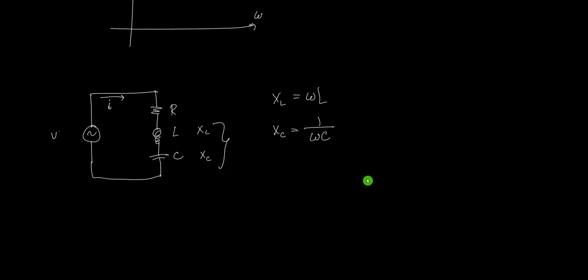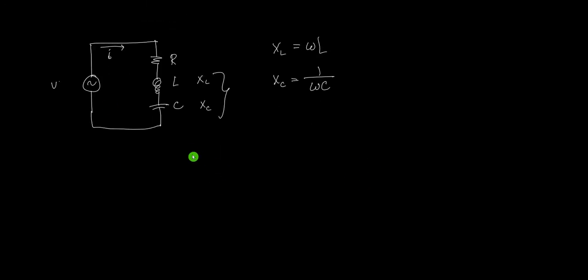So if we plot this, let's look at the current. Let's plot this with respect to the current. So if this is the current, I, this is our frequency, omega. When we are in low frequency, meaning the frequency is small, what happens to the value of XL when the frequency is small?